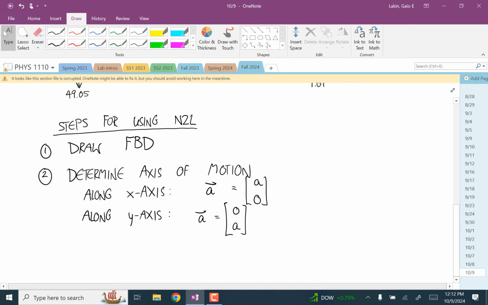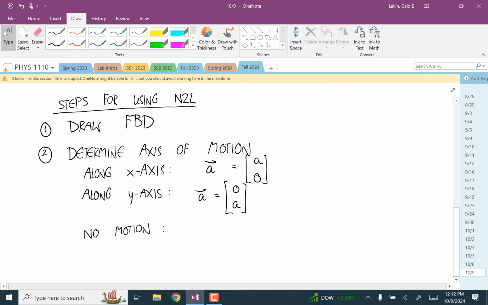And then the last thing is, if the thing isn't moving at all, then this can be 0. In fact, it can be moving as long as the velocity isn't changing because of the meaning of acceleration. So this is also true if you know that the velocity is constant. But most of the time when you do this, it's going to be because the object is at rest.